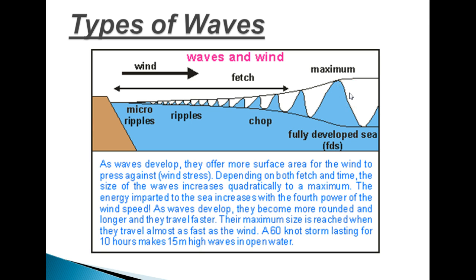If you've gone over the Mackinac Bridge on a relatively windy day, you've seen these waves develop. And the same thing happens now on large ocean bodies of water. So that's our progression now: micro ripples, ripples, chop, fully developed sea. And the surface area has everything to do with why that happens.